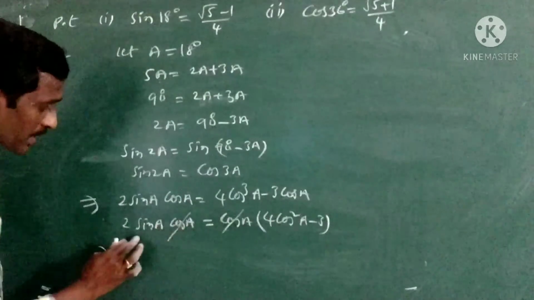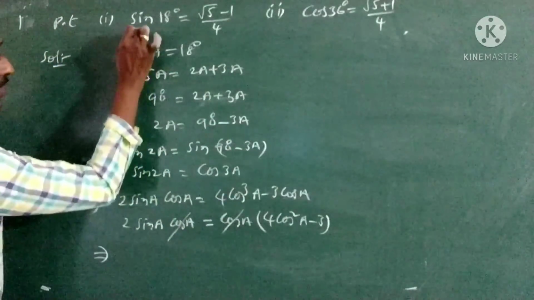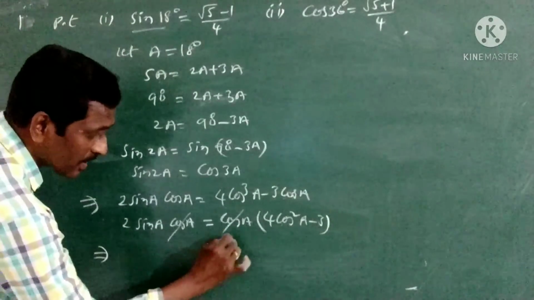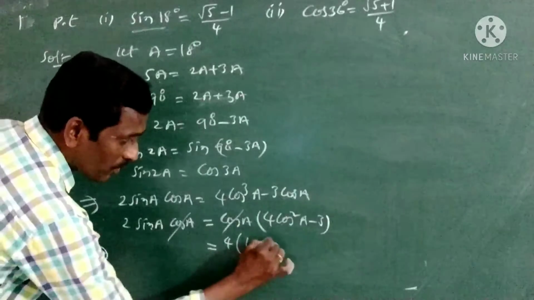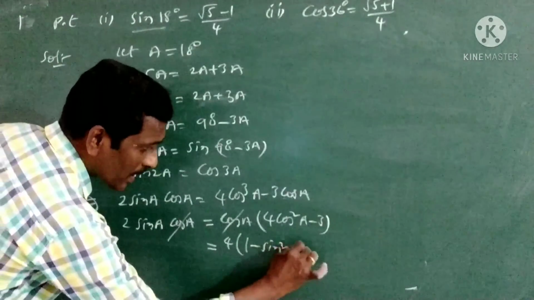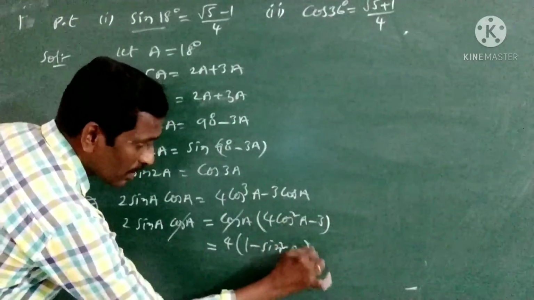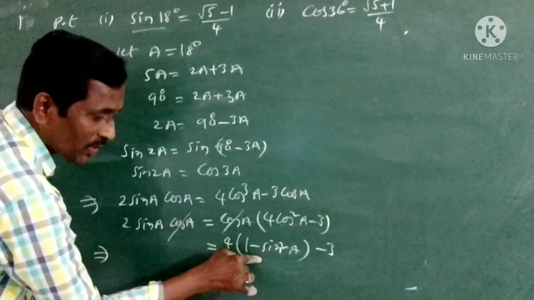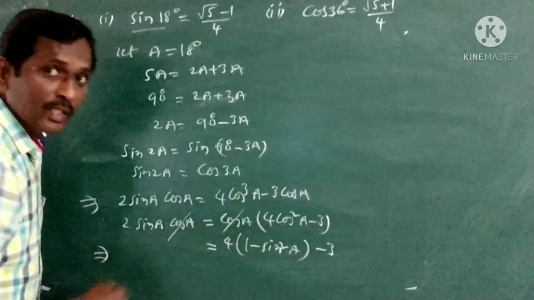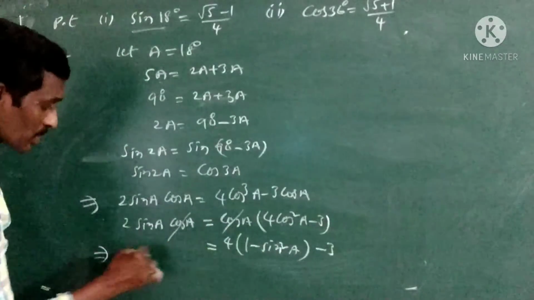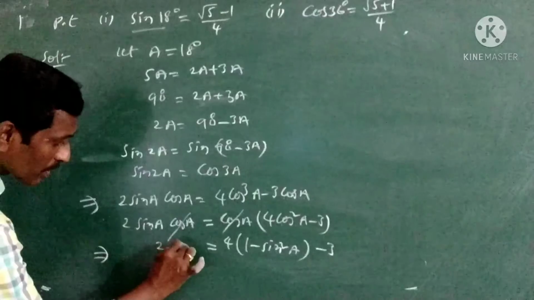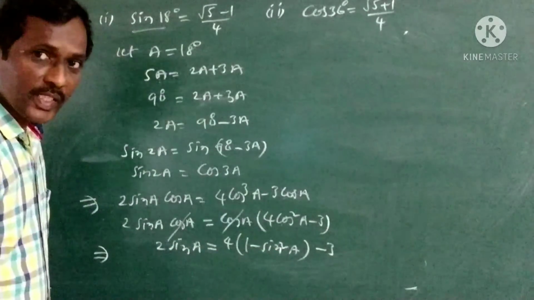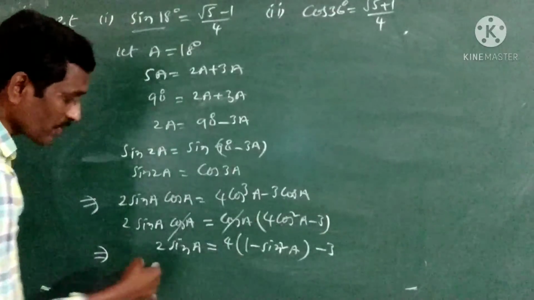Now convert totally into sine only, because you have to find the sine of the angle. We can write cos square A as 1 minus sine square A. So 2 sine A equals 4 times (1 minus sine square A) minus 3. If I simplify, you will get a quadratic in sine.